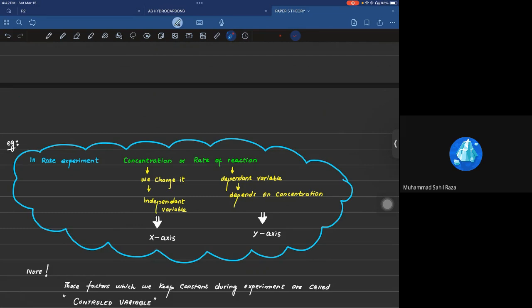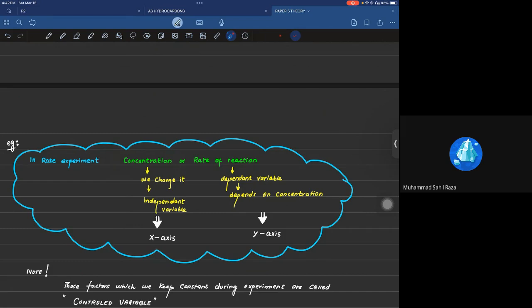And what's the dependent variable? It depends on concentration. As the concentration changes, the rate changes. If you have doubled the concentration, the rate would be doubled. If you have halved the concentration, the rate would be halved. So the rate of reaction is the dependent variable that depends upon concentration.